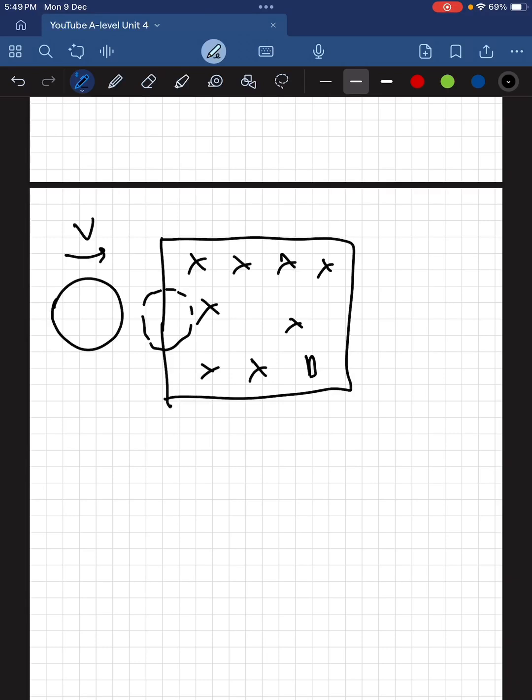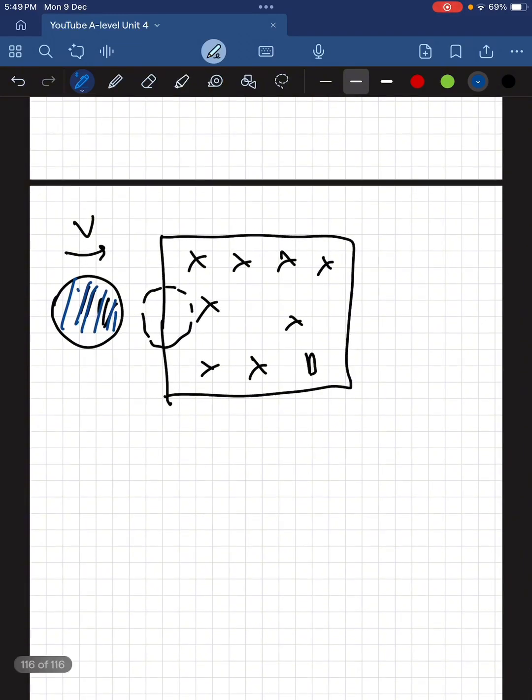But the moment that this ring enters this region, its surface area that is exposed to the magnetic field changes. So the moment it enters, it gets a change in magnetic flux, therefore a current is induced on that loop. But once it is in the magnetic field, the area does not change, so that current goes to zero.